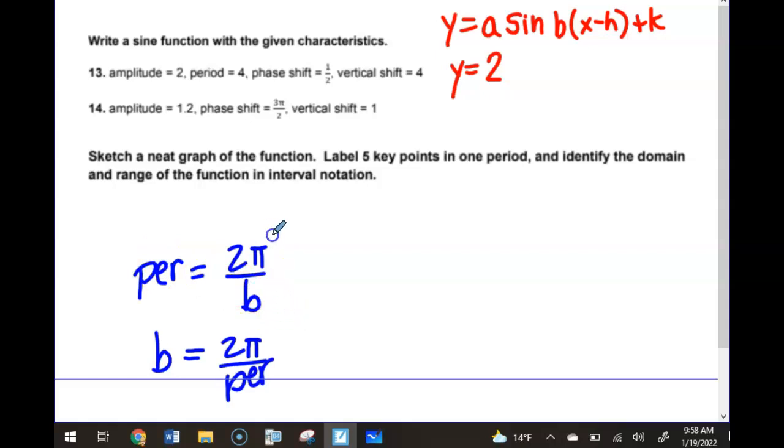So we need b if the period is 4. What is that going to be? Pi over 2. So we're going to write sine of pi over 2, because that would make the period 2 pi divided by pi over 2, or 2 pi times 2 over pi, which would be 4.